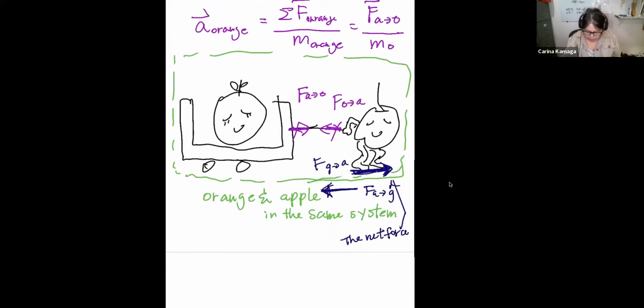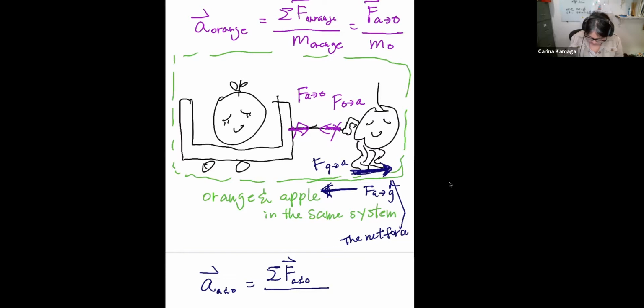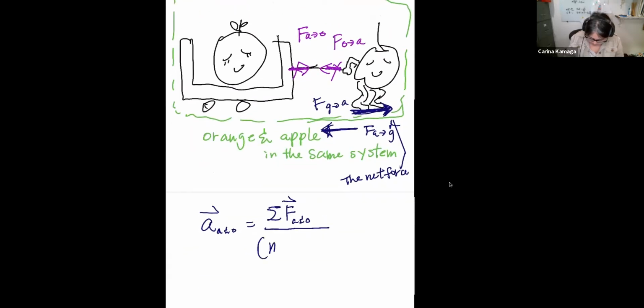So now we're going to say the acceleration on the apple and orange is equal to the net force on the apple and orange divided by what? Mass of the apple, mass of the orange, maybe mass of the cart. They are the whole mass in that system.